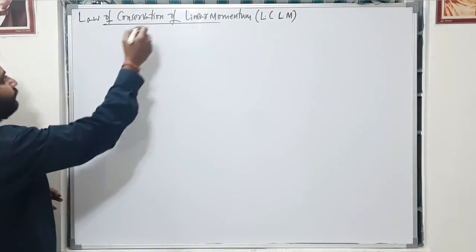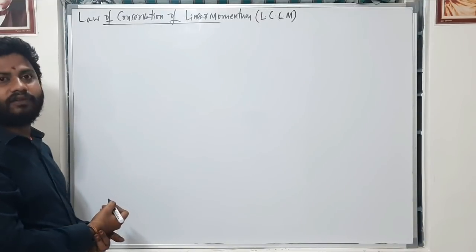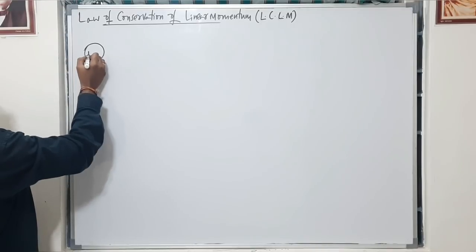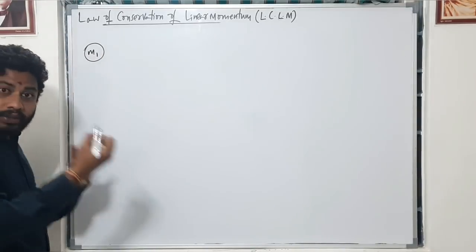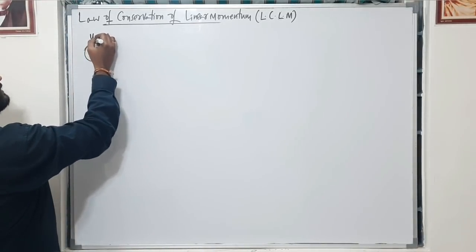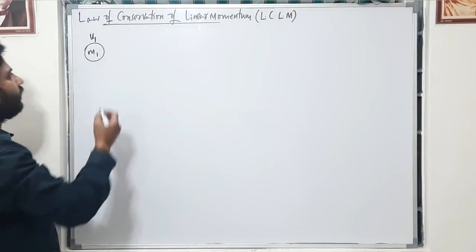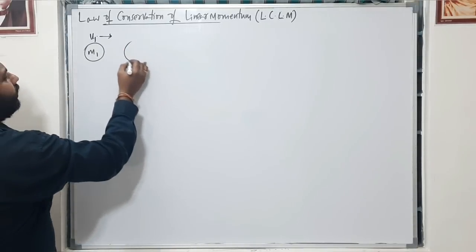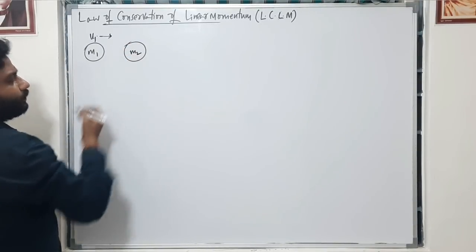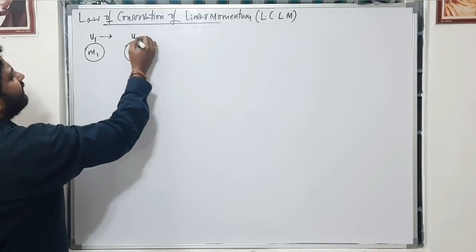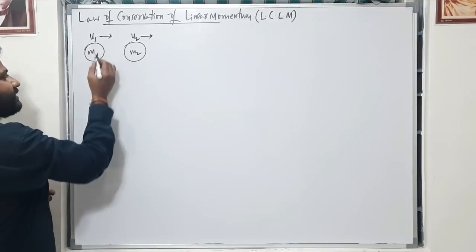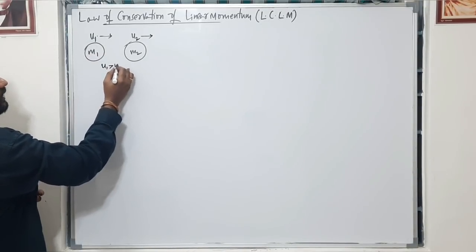Now, I am not going into the definition of linear momentum, but according to the law of conservation of linear momentum, we had already discussed there is a body of mass m1 moving with some initial velocity u1 in this direction. There is another body of mass m2 moving with some initial velocity u2 in this direction. Imagine the situation when u1 is greater than u2.